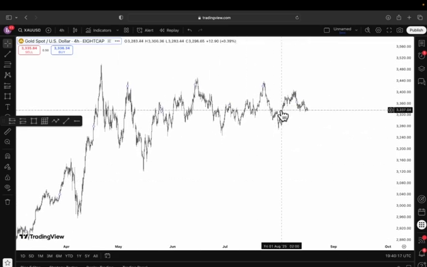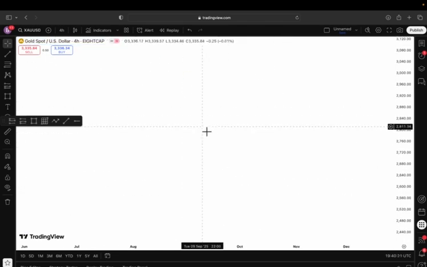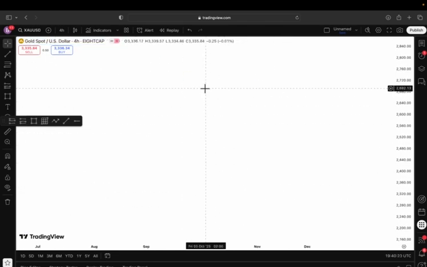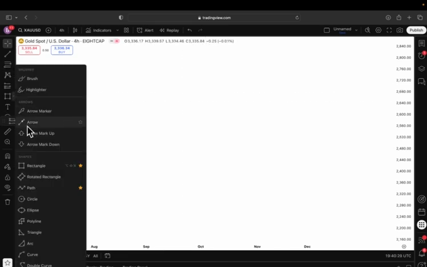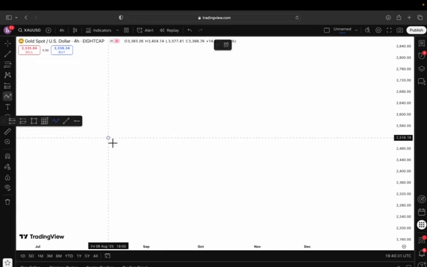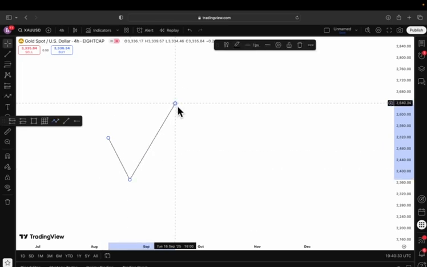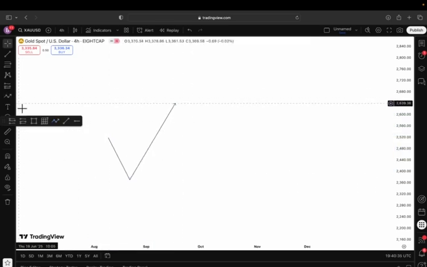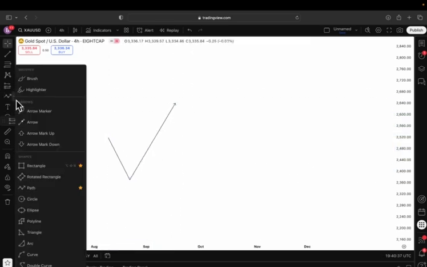Okay, now let me just put premium and discount in a very simple way that you can understand. When you go to the market, you either buy low and sell high, or you are at a loss.